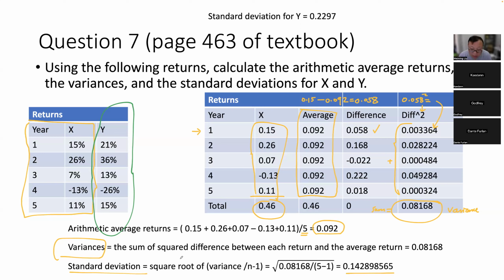Okay, anybody got the result yet? Did you get the standard deviation? If you have the answer, let me know.